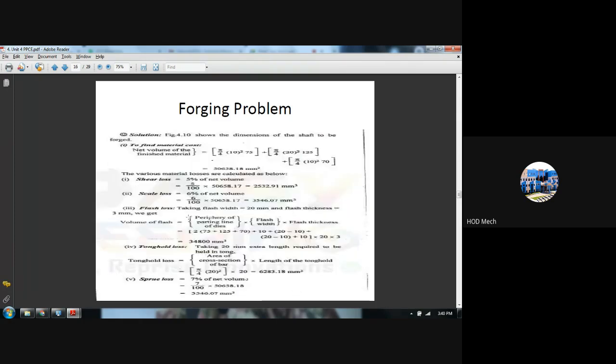Then step 2, you go for calculation of material loss.